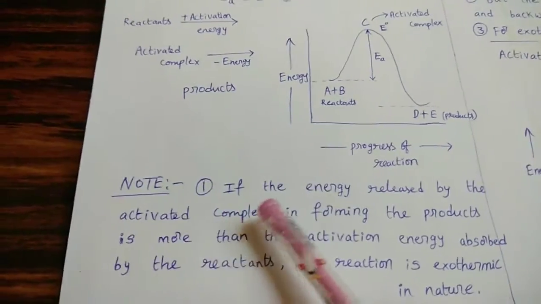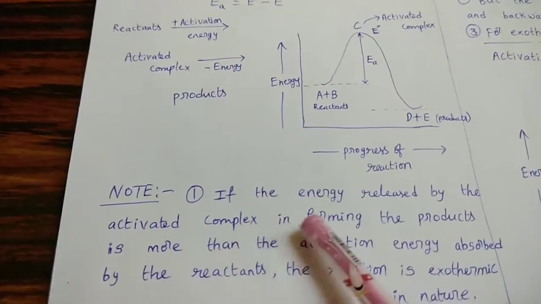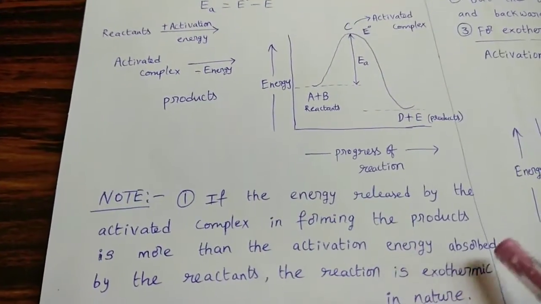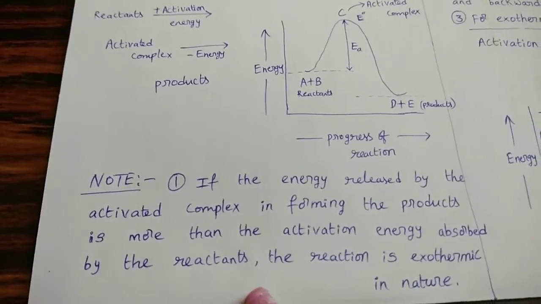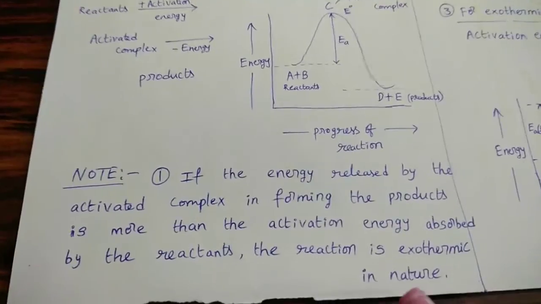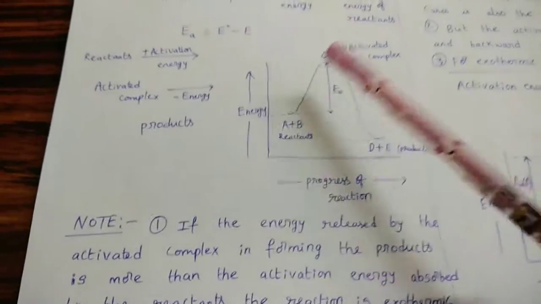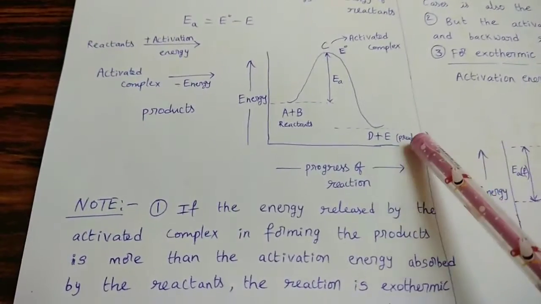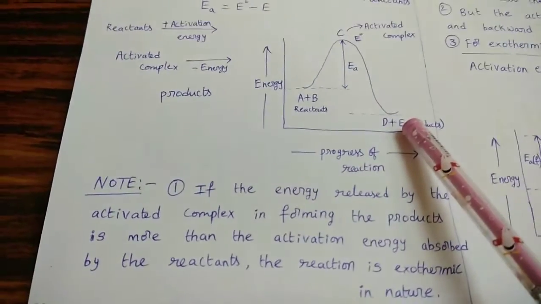Next, say this: if the energy released by the activated complex in forming the products is more than the activation energy absorbed by the reactants, the reaction is exothermic in nature. This activated complex forms product by releasing energy.